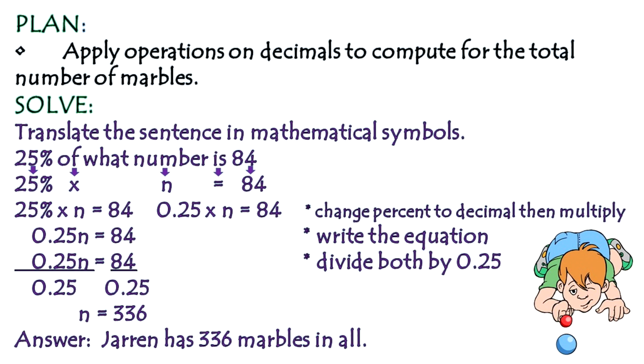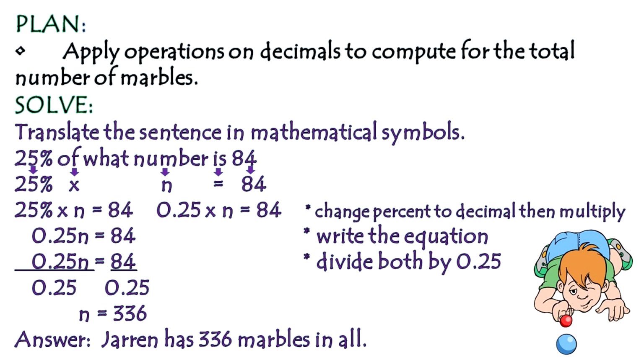To solve, translate the sentence into mathematical symbols. 25% of represents multiplication. The number is represented by n as a variable. And "is" is the equal sign, and 84 is 84. Therefore, 25% multiplied by n gives 25% n. But first, we change the percent to decimal by dividing by 100. So 25% becomes 0.25.